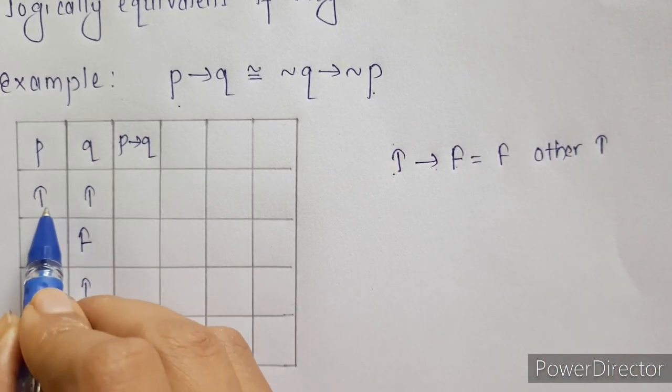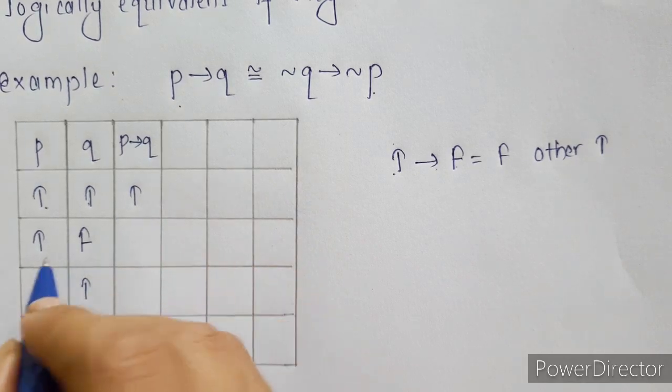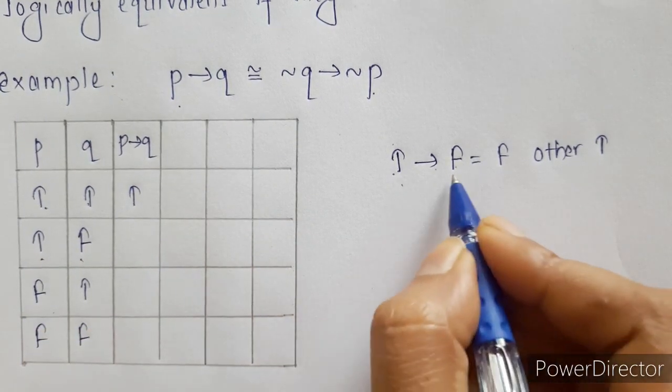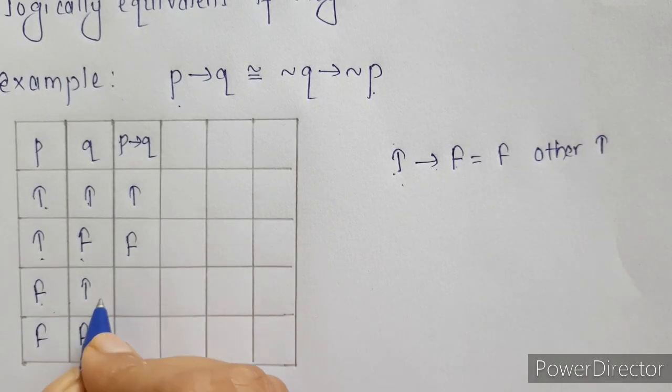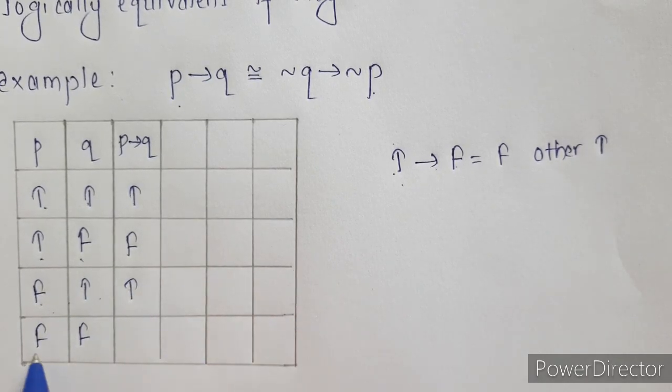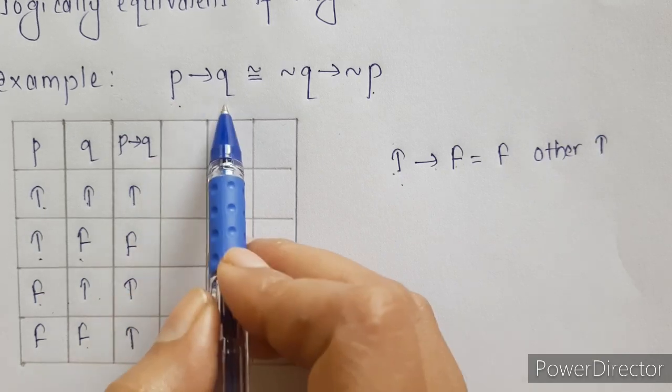So first is true implies true, this is true. True implies false is false. First false implies true, this is also true, and both false, then also it is true. Okay, so we are done with the left hand side.